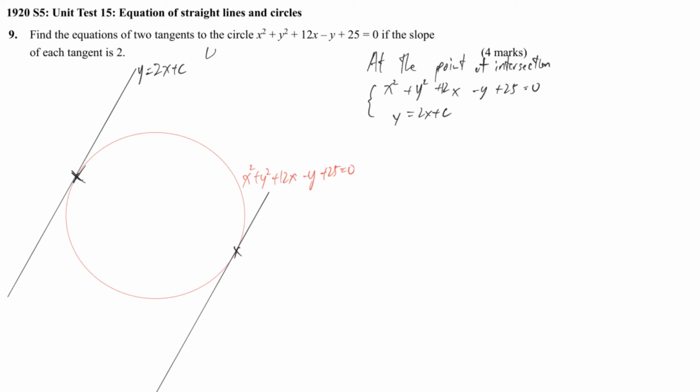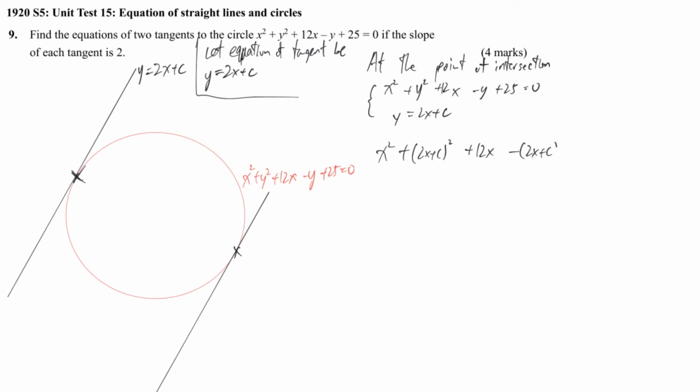Before that, we should let the equation of the tangent be y equal to 2x plus c. We should write clearly. Then we solve the simultaneous equation. Replace every y by 2x plus c. x squared plus (2x plus c) squared plus 12x minus 2(2x plus c), and then plus 25 is equal to 0.